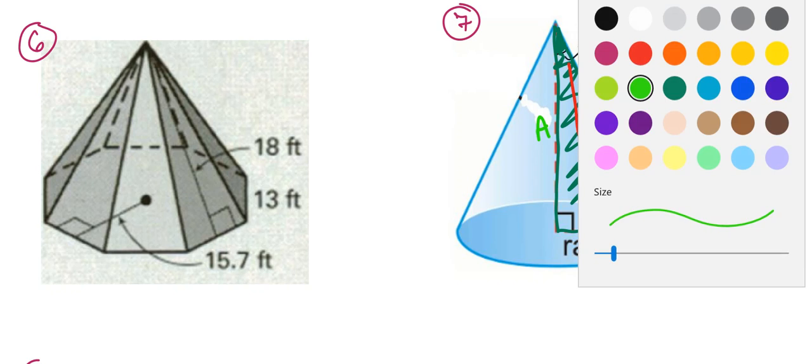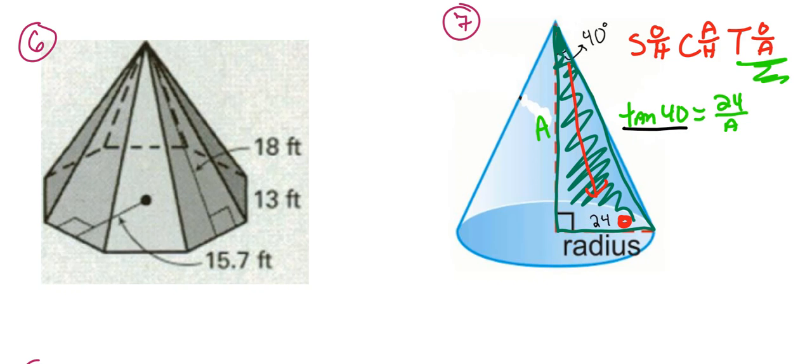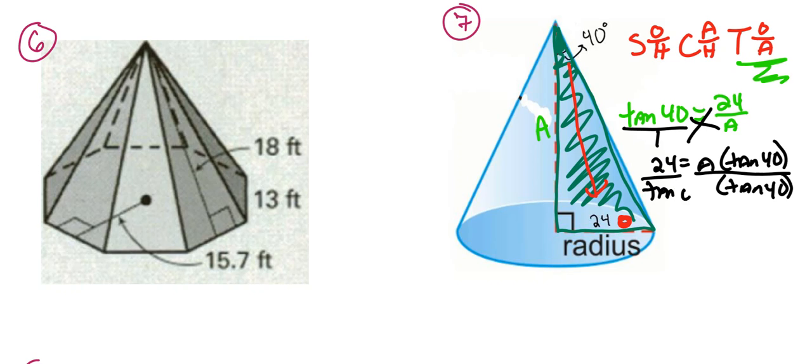Remember, when you're solving these trig problems, the most consistent way is to make a proportion, and you cross multiply to solve proportions. 24 equals A times the tan of 40. I'm solving for A, so I'm going to divide by the tan of 40. And that'll be my answer.